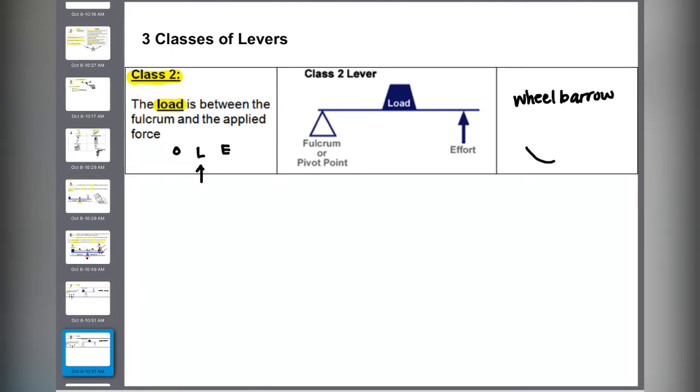I'm going to draw your barrel, and these are rocks. Your arm is here holding, so this is you, this is your effort. Do you see your load is here, but the pivoting point is over here on the side? So when you lift it up and then start pushing it, a wheelbarrow is an example.